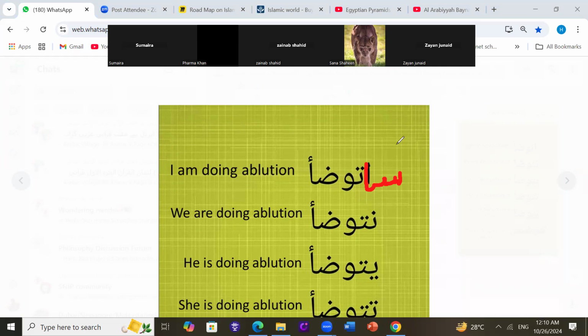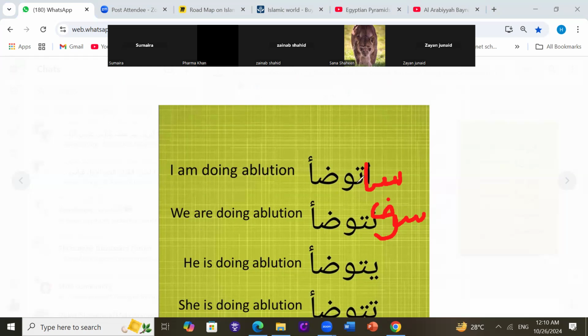It's a very near future I'm talking about. And if I say saufa natawaddau, it means I will do ablution tomorrow, later, or after some time. It's a little bit far away. Saufa.